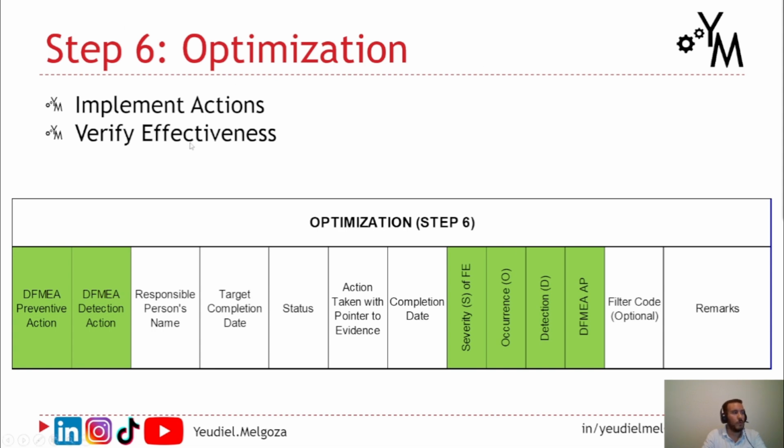This is the reason why we need this step. And the primary objective of this step, the optimization, is to develop actions to reduce risk and increase customer satisfaction by improving the product. Most actions will involve lowering the occurrence of failure causes or improving detection controls.